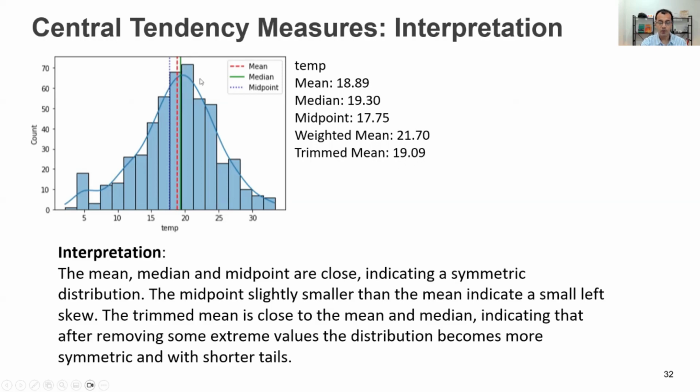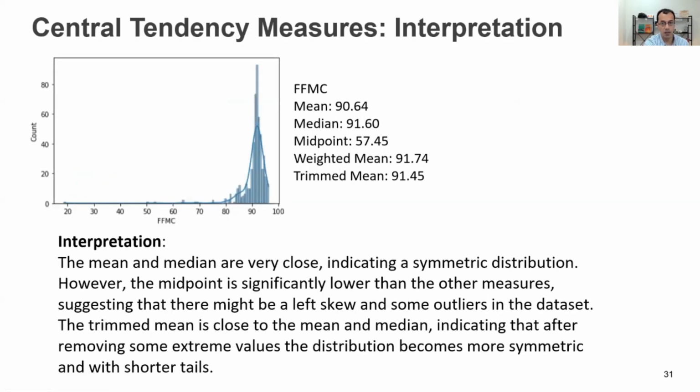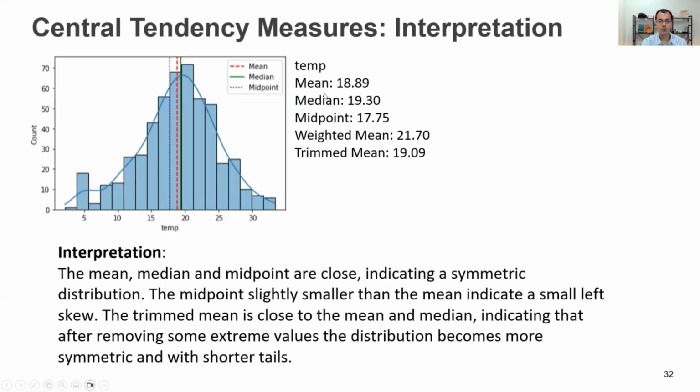Here we have some very similar conclusions as we did for our previous variable, FFMC: as the mean and the median are very close, this distribution seems to be symmetric. As the midpoint is to the left, this means that we have a left skew. In this case, the distance from the midpoint to the mean and median is small.